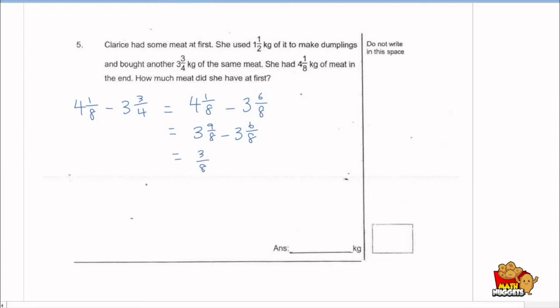And one more step to work backwards. She used 1.5 kg, and I will put back that 1.5. So the answer is 1.78 kilograms.